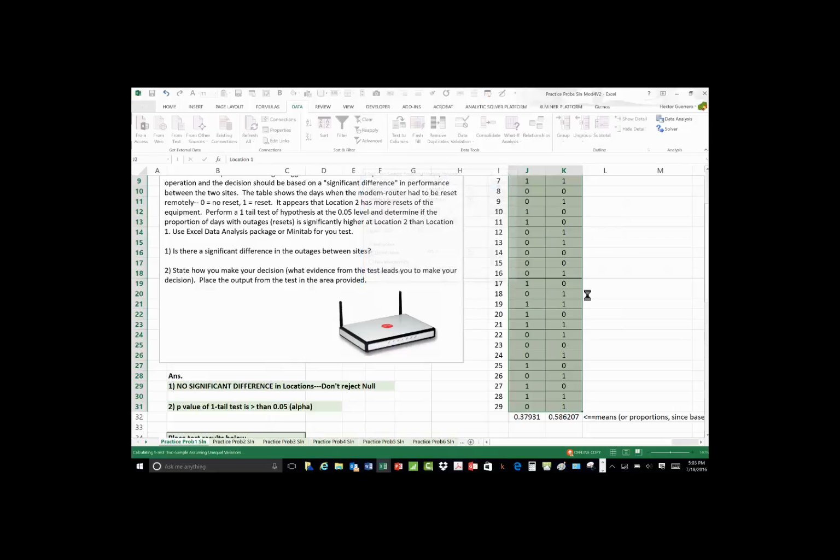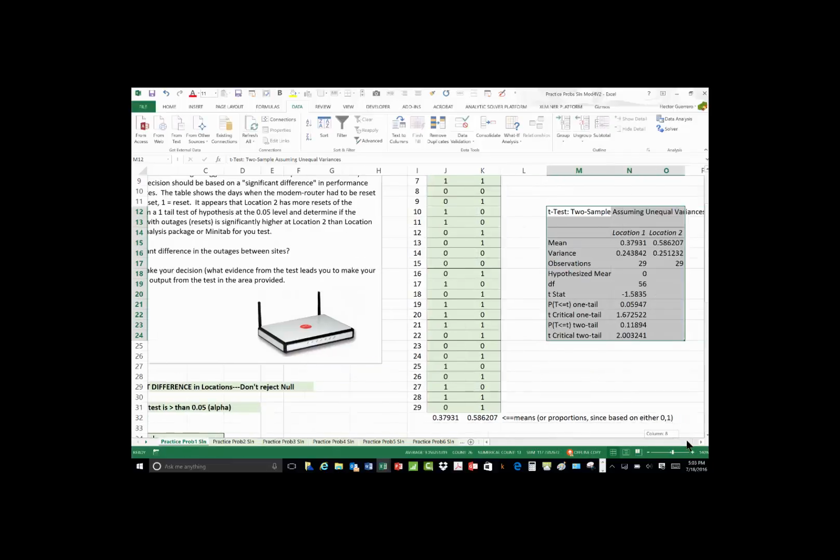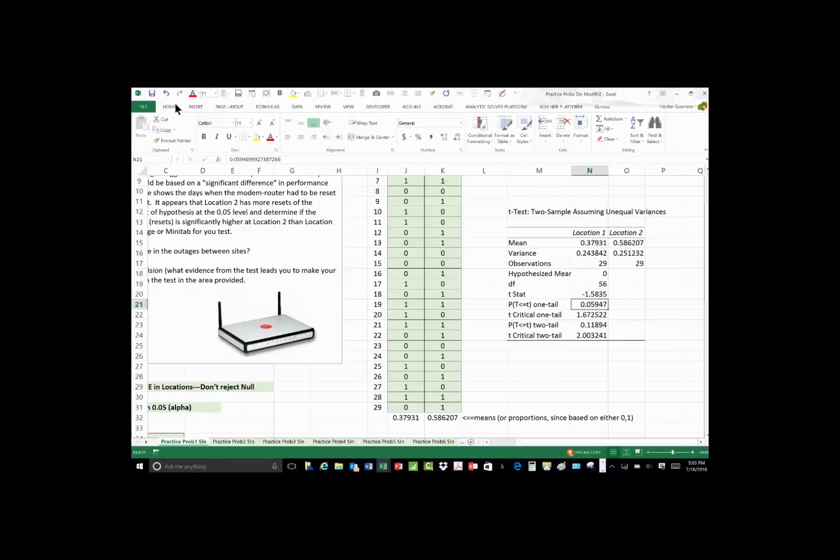I hit OK. And in fact, we get the same results as we got before. 0.059, almost 0.0606. So we're not going to reject the null hypothesis.